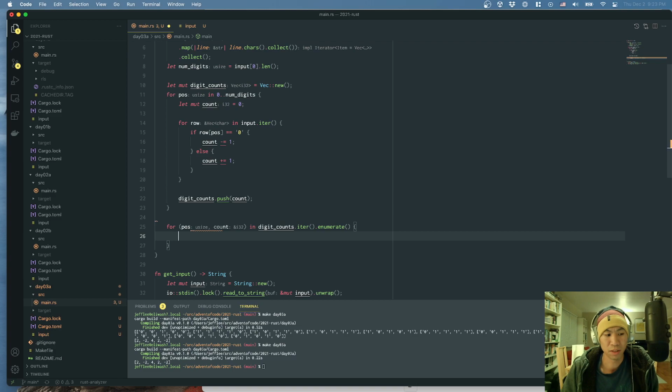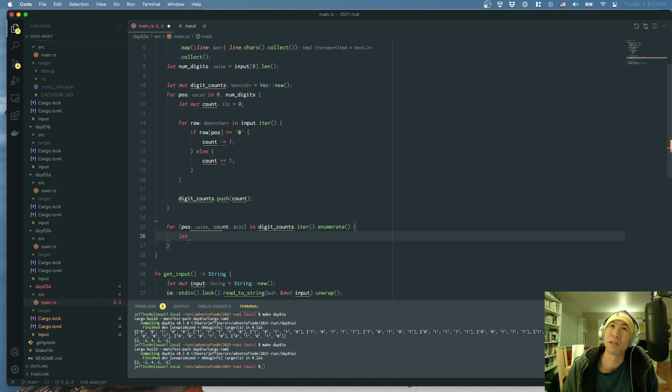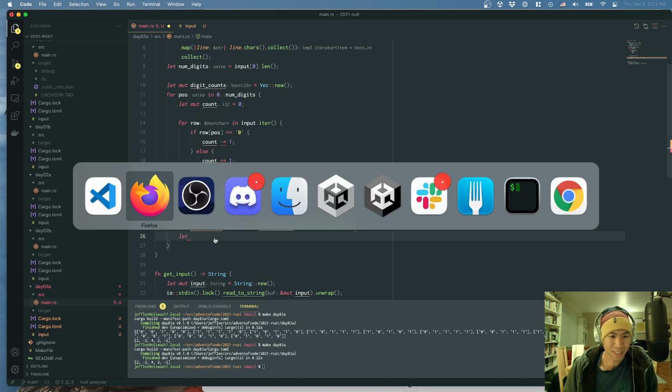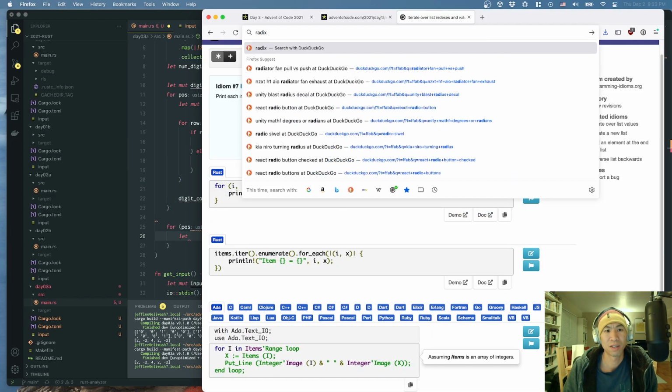And basically our multiplier is, what do you call the multiplier in each position? In the first digit in the decimal system, you're multiplying by 1. The second digit you're multiplying by 10. The third digit you're multiplying by 100. Is that the radix? I don't know my math terms.